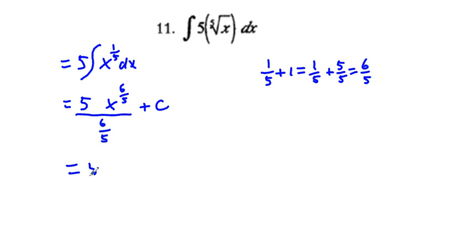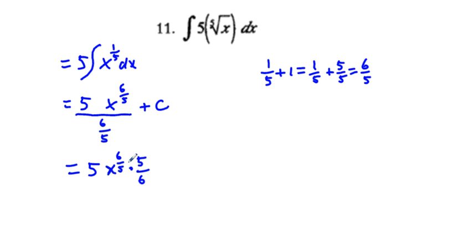So we have 5 x to the 6/5 power, and instead of dividing by 6/5, we're going to change that around and multiply by its reciprocal, which is 5/6.